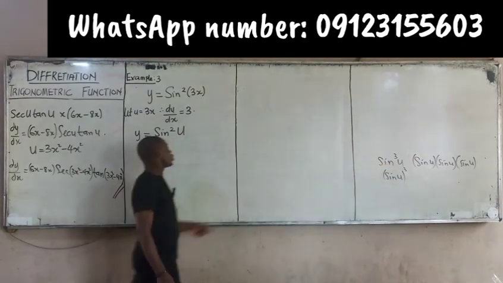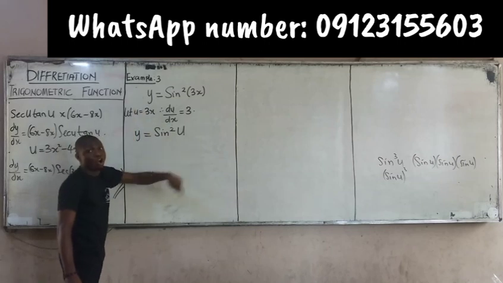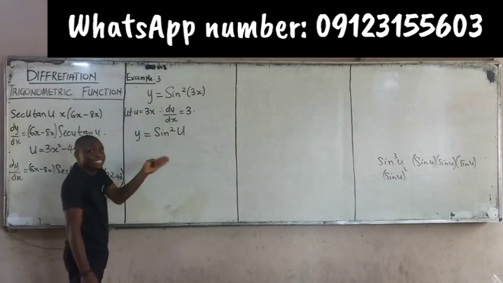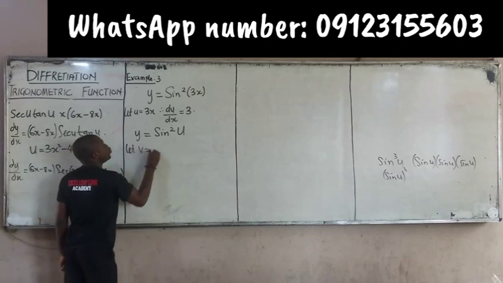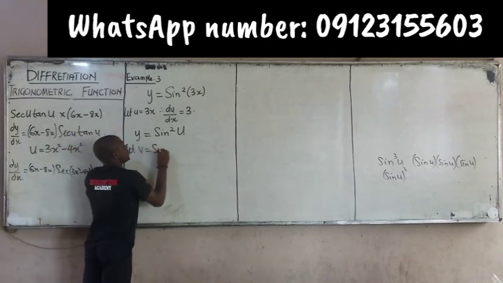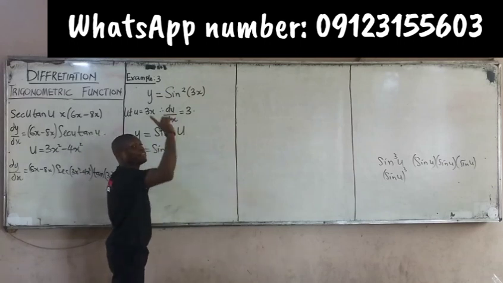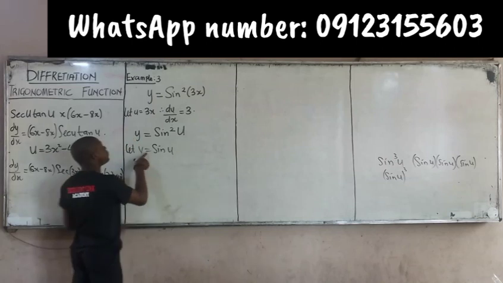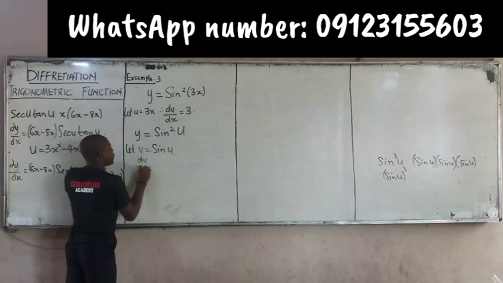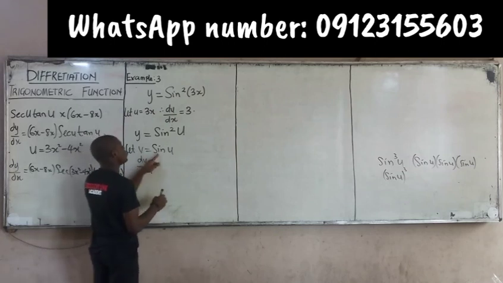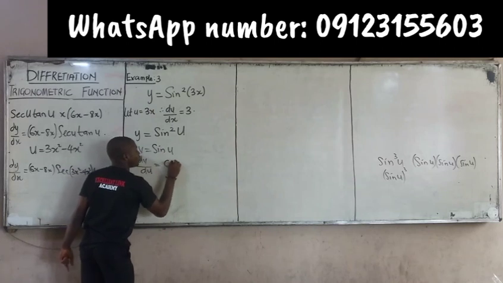So if I have sine squared u, it means sine u times sine u. So in this case, let v be one of them, sine u. Differentiating v with respect to u, dv/du is equal to cos u.